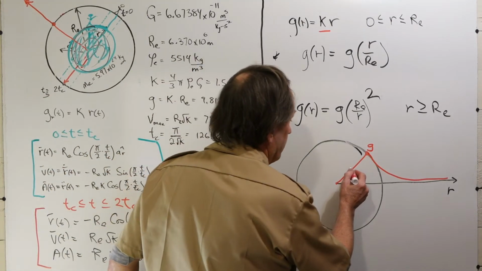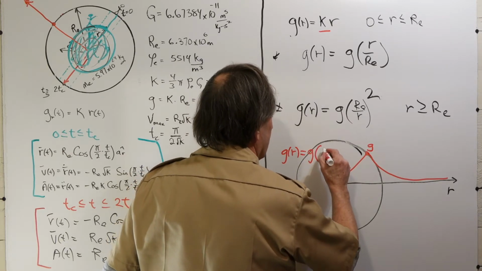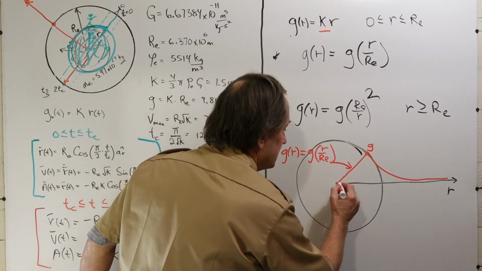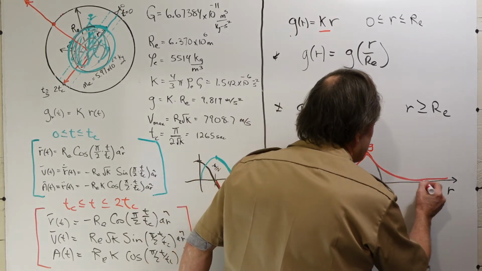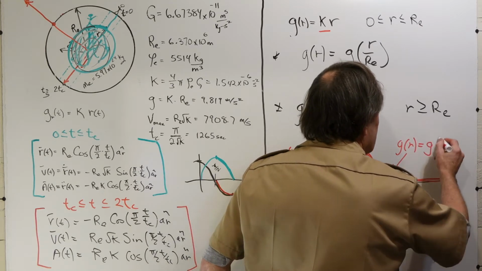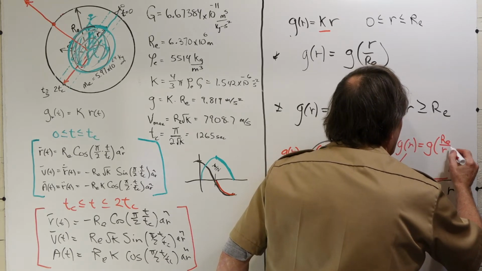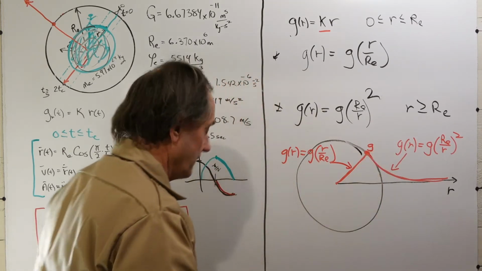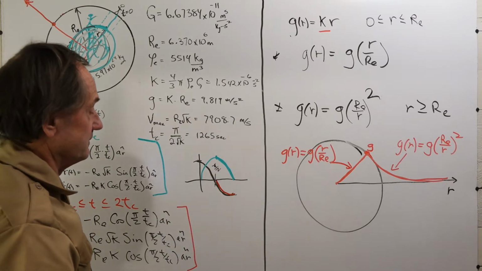So in this region, g of r is little g times r over the radius of the Earth. It increases linearly till it reaches the surface, and then once we leave the surface, it falls off quadratically as little g times R_E over r squared. And they both match up here at the surface. That's where the maximum gravitational acceleration is, right on the surface.